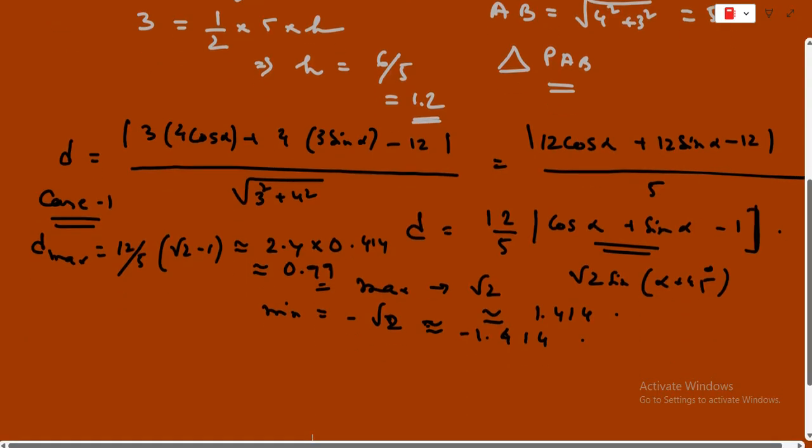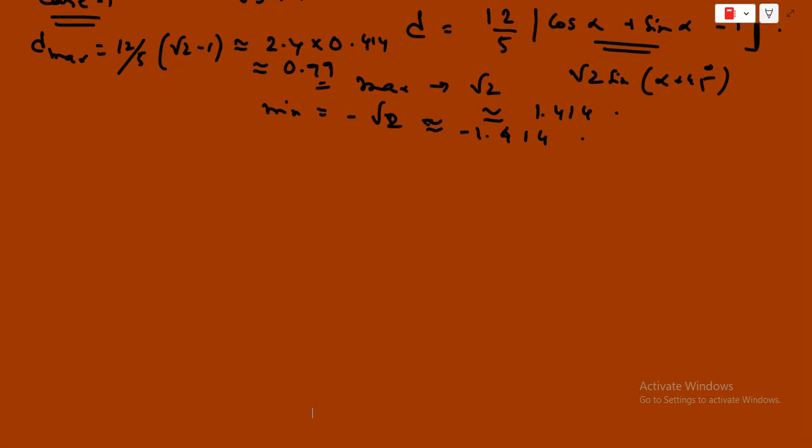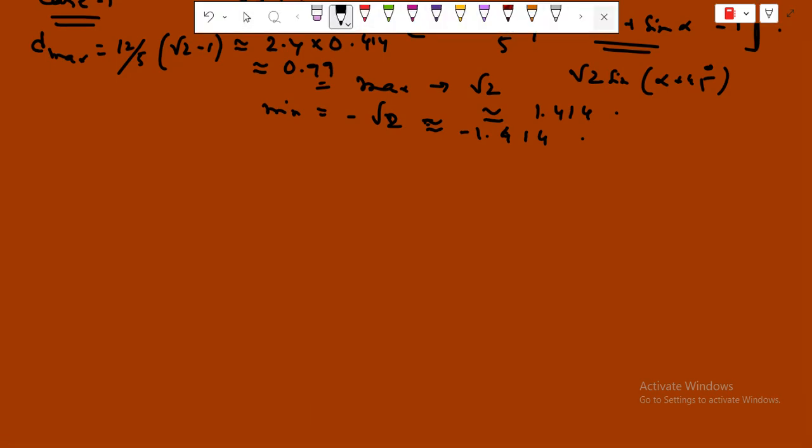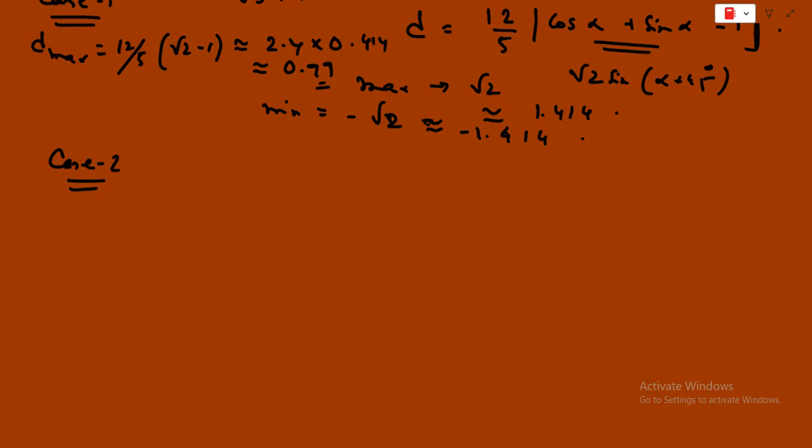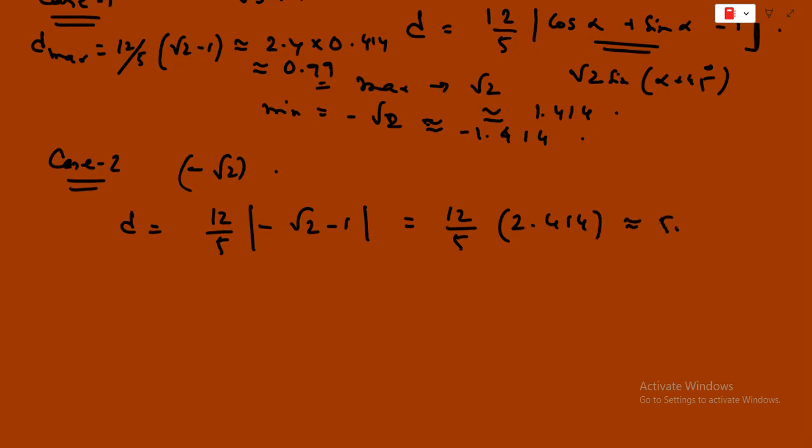Now we come to the second case, that is case number 2. If we go towards the origin, we use the minimum value, that is minus root 2. So D will be 12 by 5 into mod of minus root 2 minus 1. So this will be 12 by 5 into 2.414, which is near about 5.79.